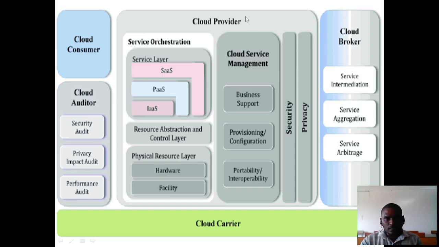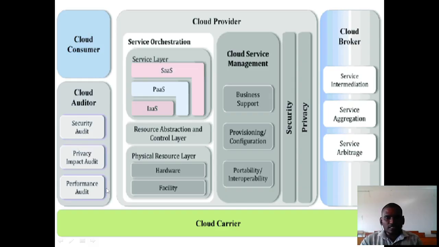So these are all on the cloud provider side. The cloud broker acts as an intermediate between the cloud consumer and cloud providers, with service intermediation, service aggregation, and service arbitrage. And then another one, the cloud auditor. The cloud auditor does security audit, privacy impact audit, and performance audit.